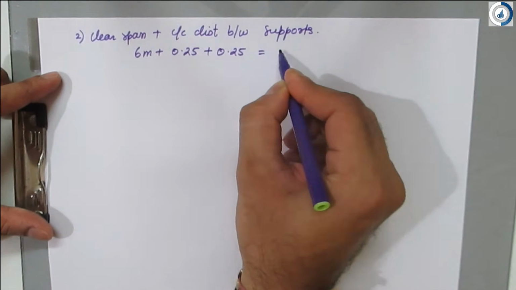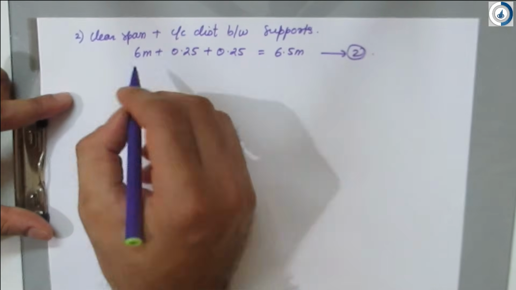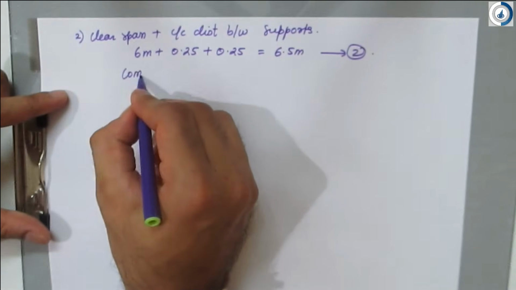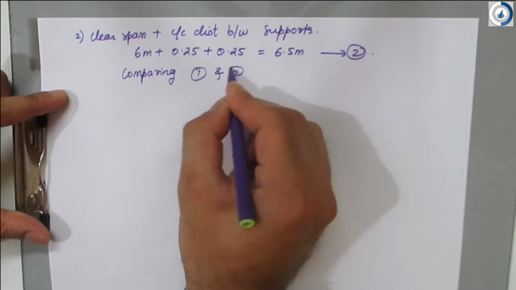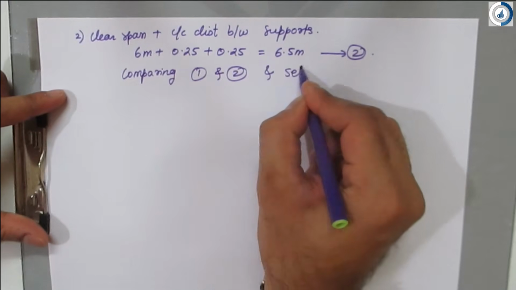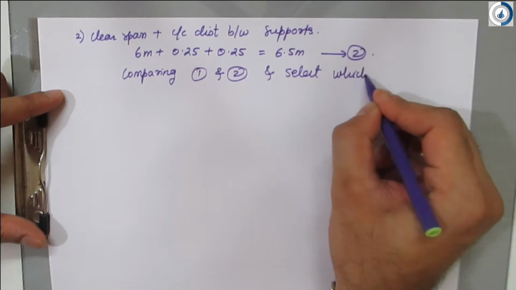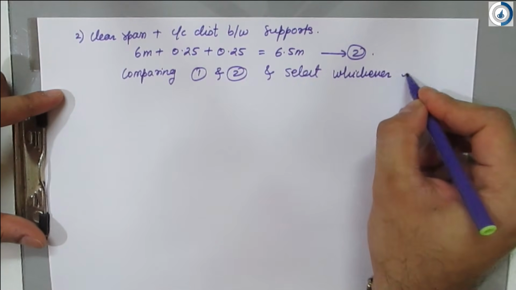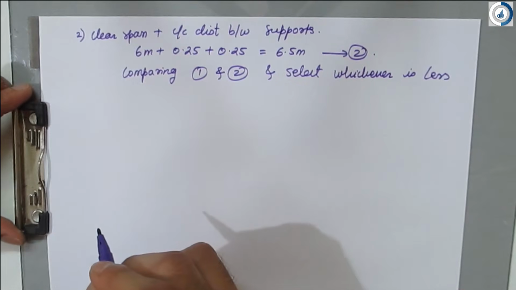So it comes out to be 6.5 meters. So this is 2. Comparing 1 and 2 and select whichever is less. It is clearly mentioned in clause number 22.2, page number 34.